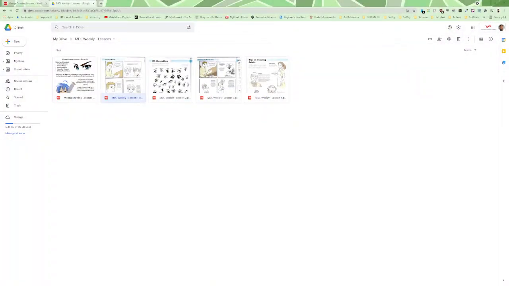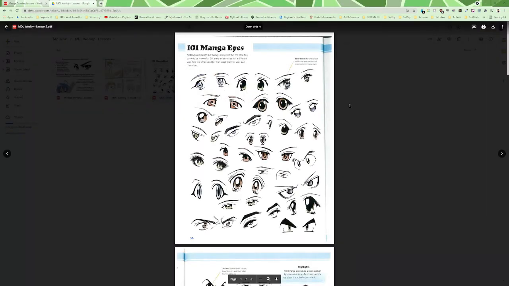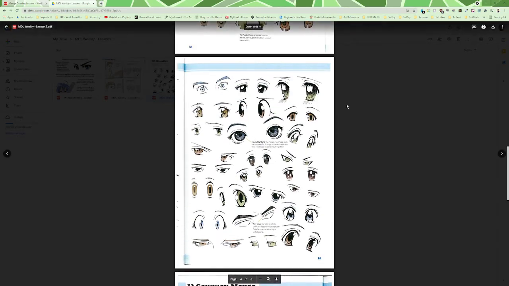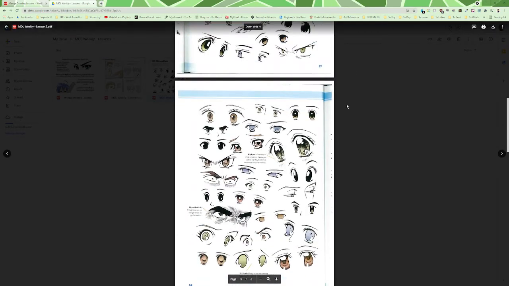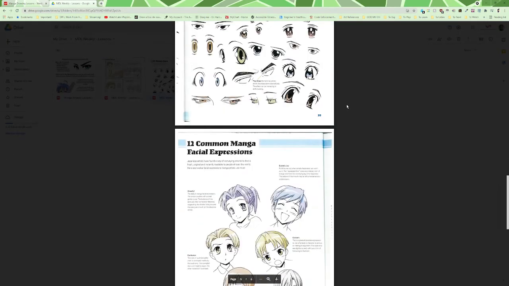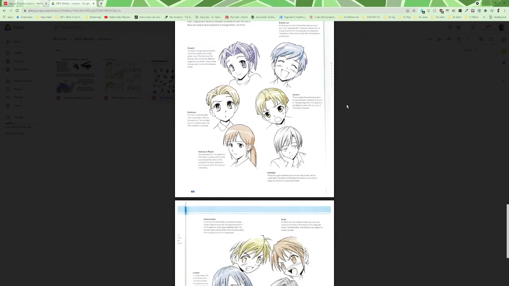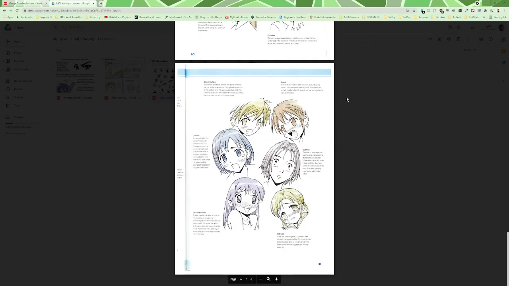If you ask for lesson 2 of the Manga Weekly lessons, you'll get a printout, a copy of pages 36 to 39 of the book, as well as some stock, generic facial expressions for anime and manga characters.